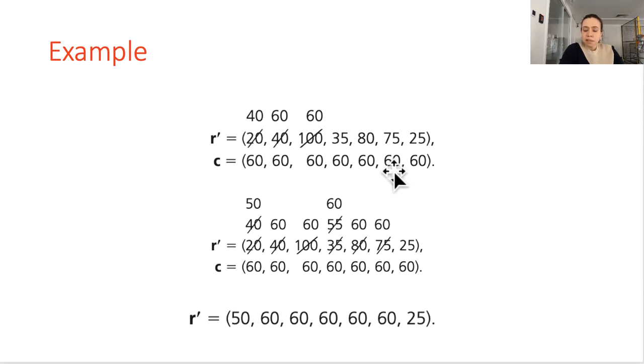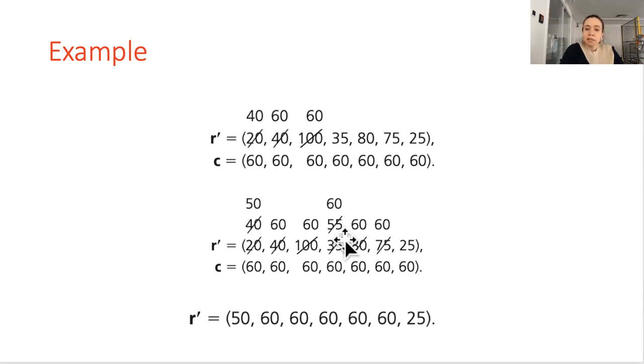And lastly, here you see that the requirements exceed the capacity. So I have to shift these 15 units backwards. I check the previous period, the capacity is full. I check again this period, I have an excess capacity of 5 units.